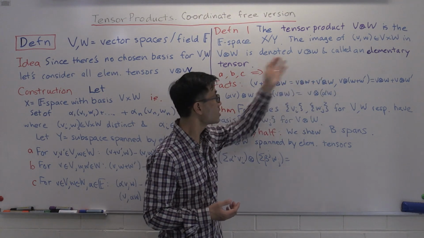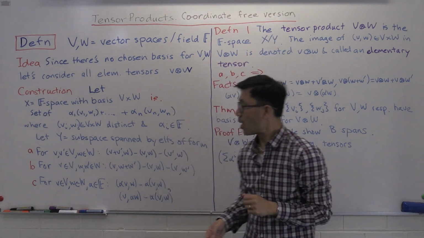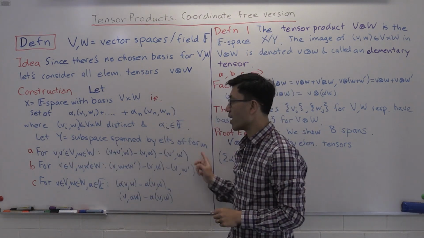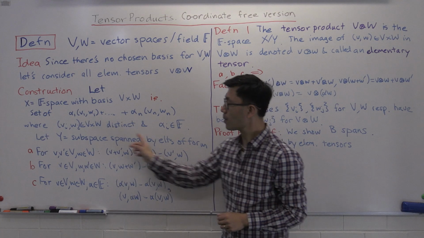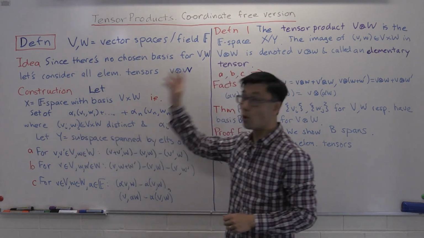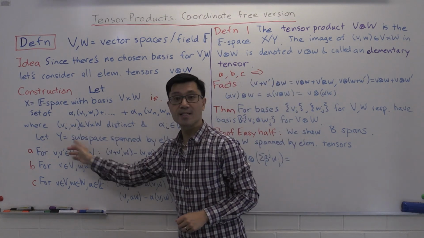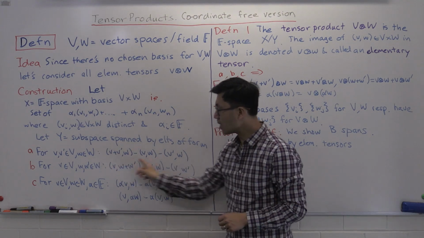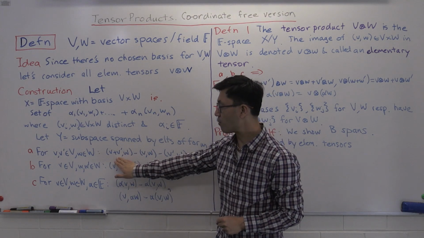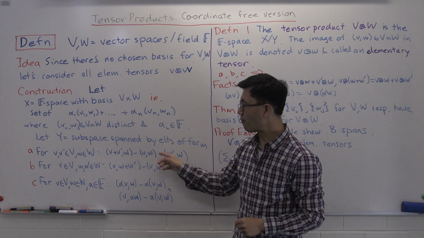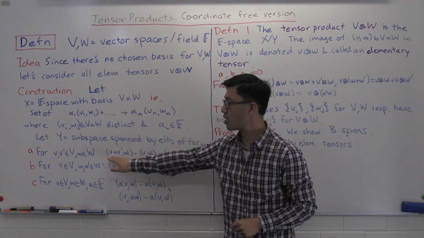I claim that this holds true using this definition, just by part A here, the relations here. So why is that true? Remember, inside the quotient space, this Y is equal to 0, so all these elements are equal to 0. So the image of this is equal to the sum of the image of this and the image of this. What's the image of this?